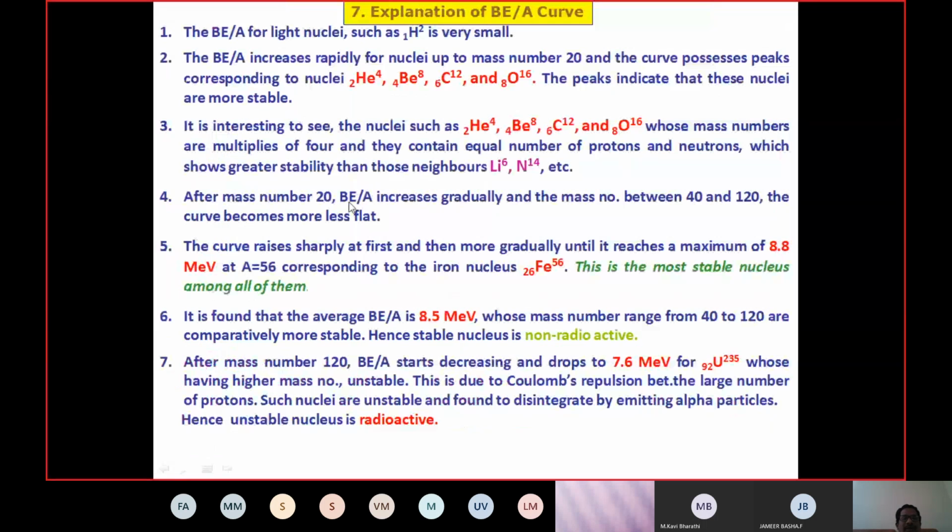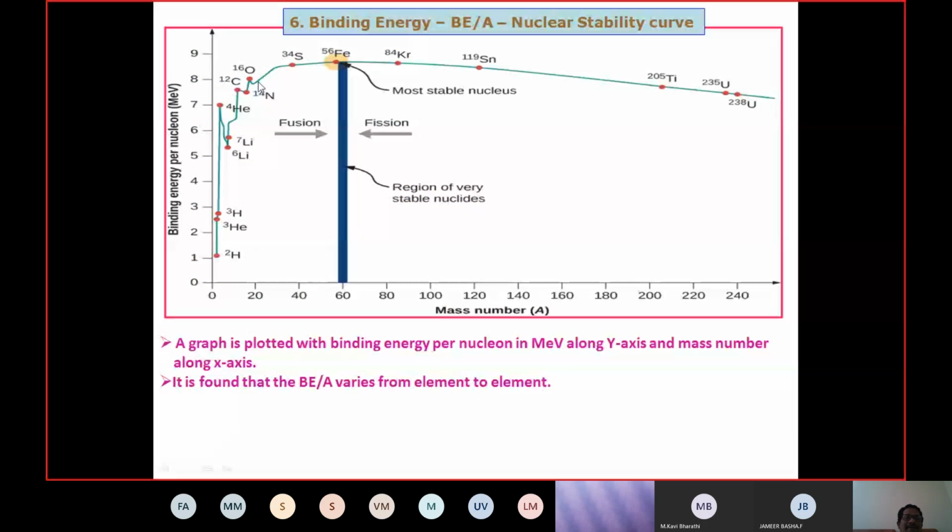After mass number 20, the binding energy per nucleon increases rapidly, and between mass numbers 40 and 120, the curve becomes more or less flat. So the curve rises sharply at first and then more gradually until it reaches 8.8 mega electron volt.